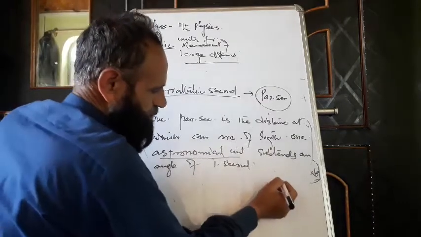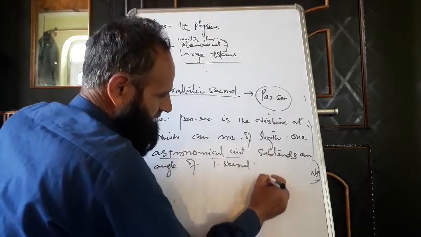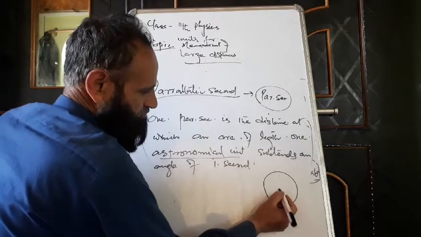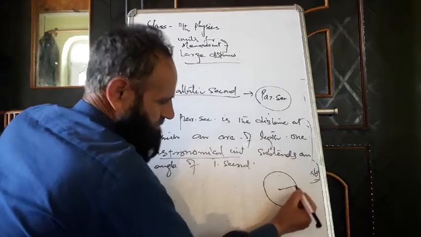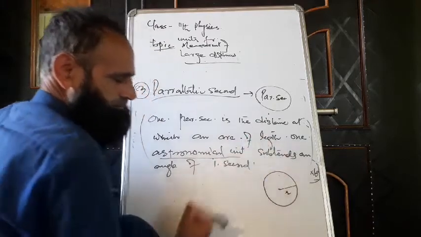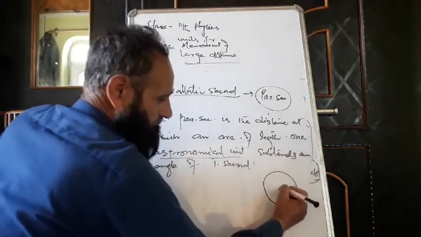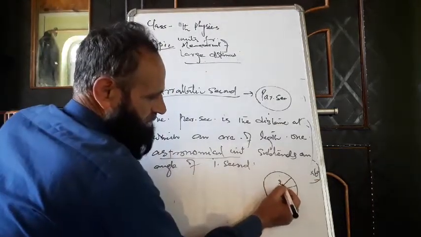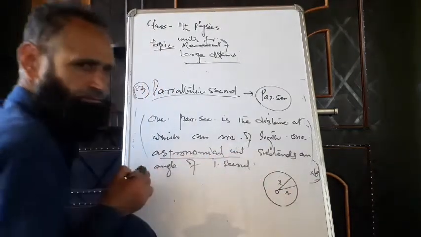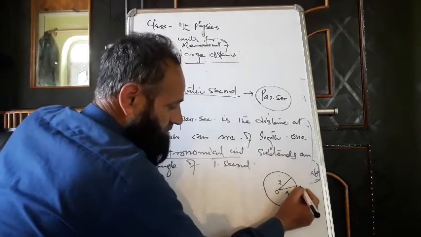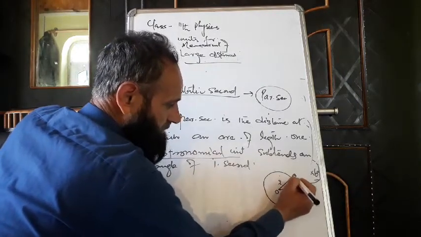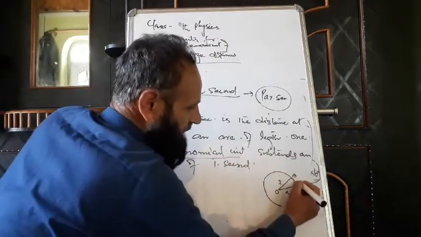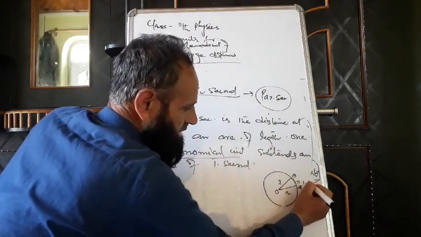For example, I can explain like this. This is our center O, and this is the length of 1 parsec, r. If this is also equal to r, and this arc AB has a length equal to 1 astronomical unit, 1 AU.